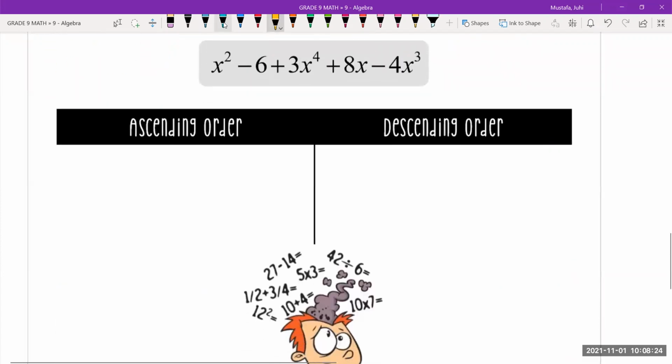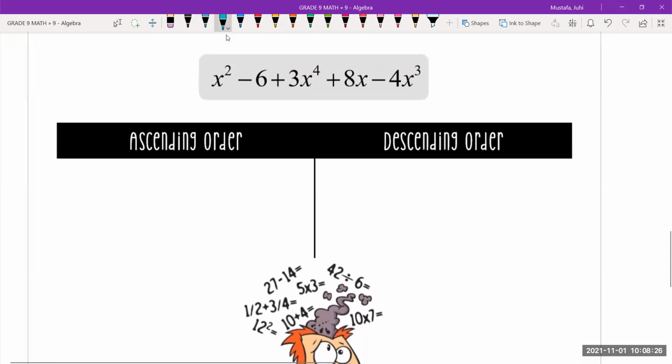Anyone want to volunteer to try this? Abraham, go ahead. So ascending means you start with the smallest one and then you go up. Even before 8x, what is smaller than an exponent of 1? Yeah, a constant is actually the smallest because it doesn't even have an exponent. So negative 6.